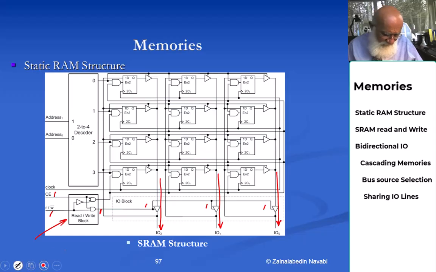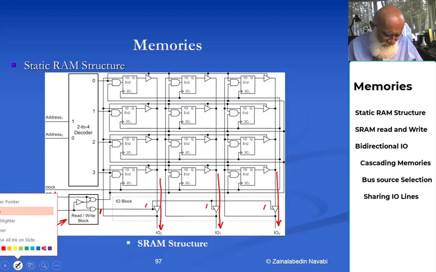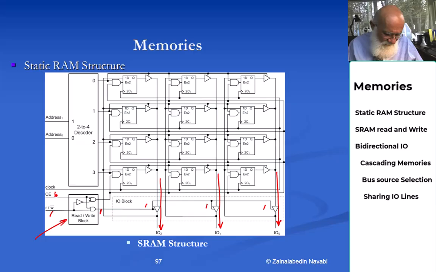On the other hand, if chip select is still a 1 and read-write bar is a 0, then these are 0, and therefore you will not be driving these in-out lines with the internal outputs of the flip-flops.